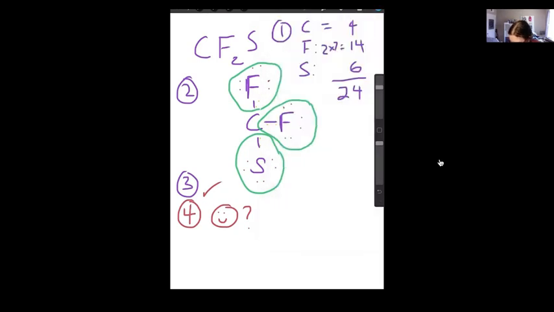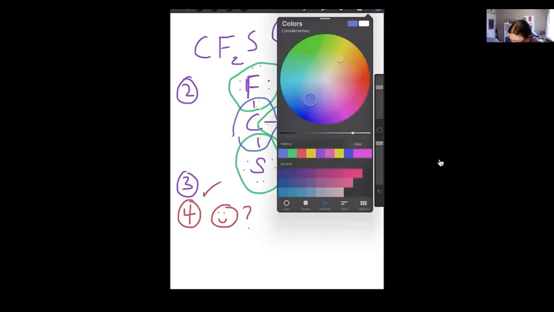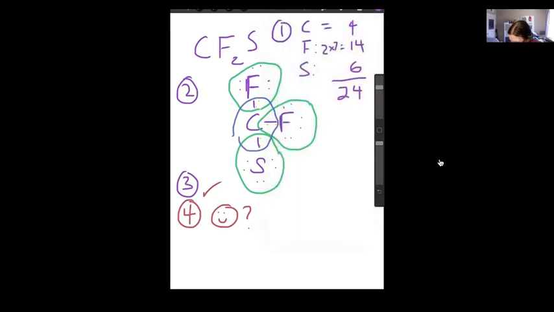Okay, so carbon only has 6 electrons around it. It's not happy. So we're going to have to do something. What we're going to do is take 2 electrons from any atom we want, but we can take it from sulfur.